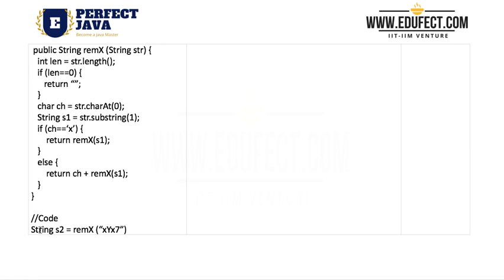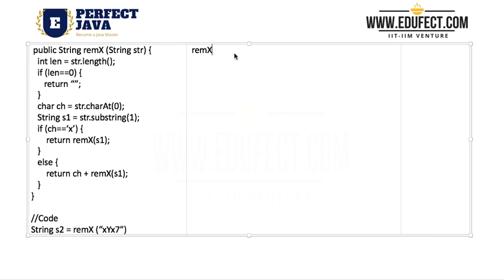So here we are calling string s2 is equal to remx with the parameter xyx7. Now when we call it, what will happen? This will get called. So what are the values we are getting? We will get str is equal to xyx7.